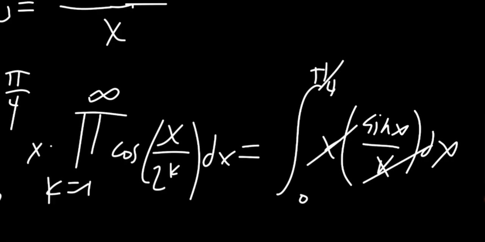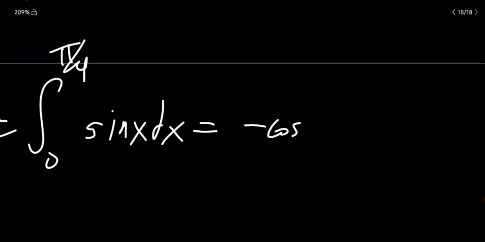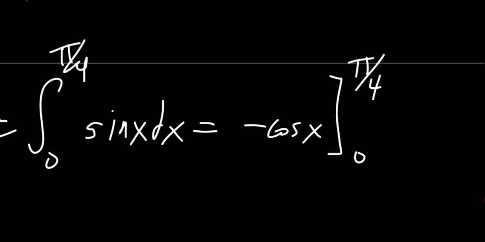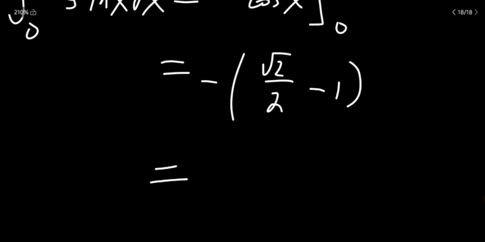So x and x cancel. So we get the integral from 0 to pi over 4 of sine x dx. And that is negative cosine x evaluated from 0 to pi over 4. And that should be negative cosine of pi over 4, which is root 2 over 2, plus cosine of 0, which is 1. So our integral is just 1 minus root 2 over 2.